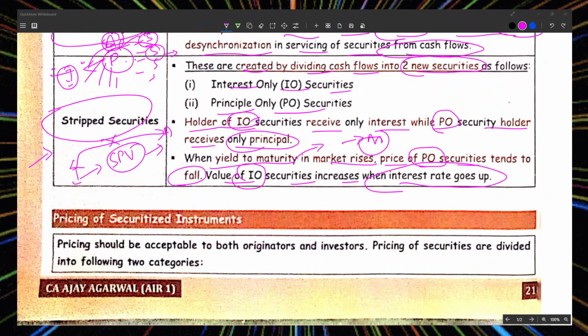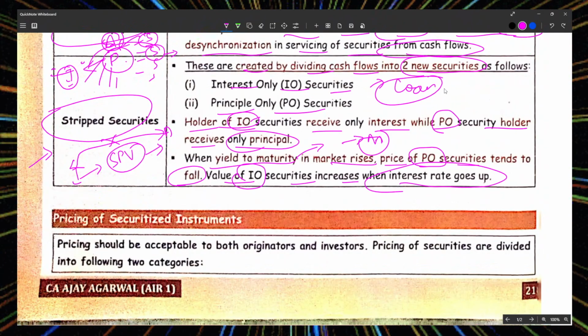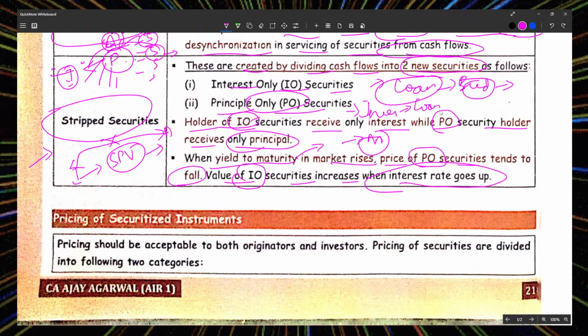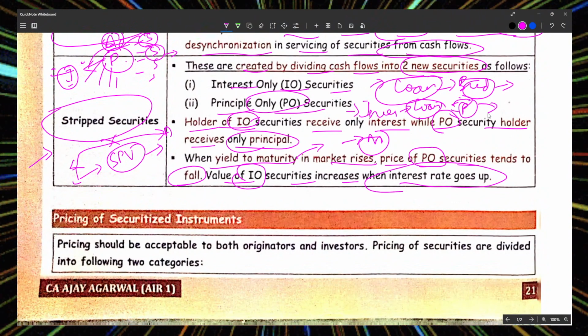Interest only securities are usually loan amounts that have been bundled and sold in the market. But in the principal only security, the investor says, "Sir, I will provide the loan," not at this percentage or that percentage, any kind of loan. They will give the principal, but they will be the investor in it.